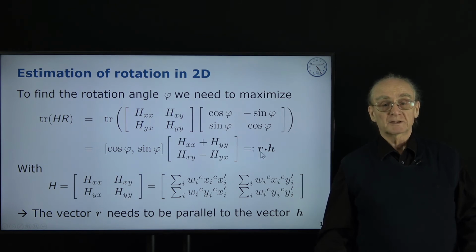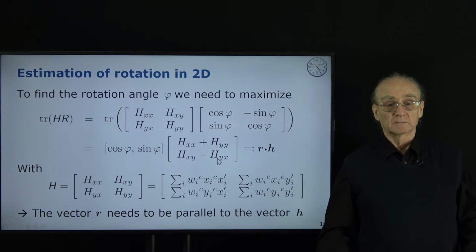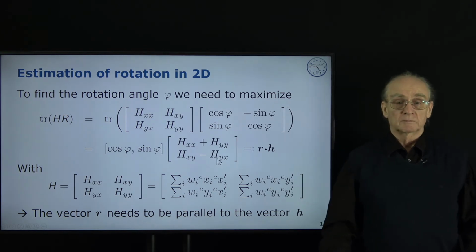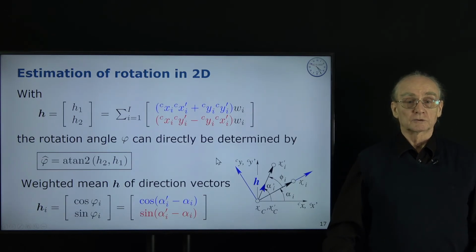So if the scalar product of H and R should be largest, then R needs to be parallel to H. That means cosine needs to be proportional to the first element and sine proportional to the second element. This gives us already the solution.